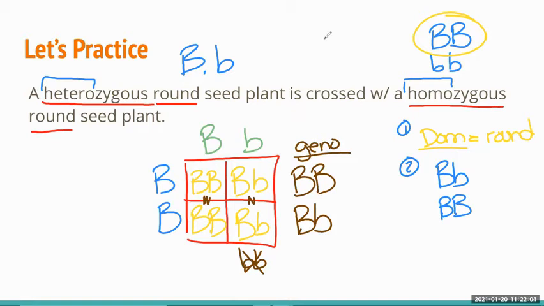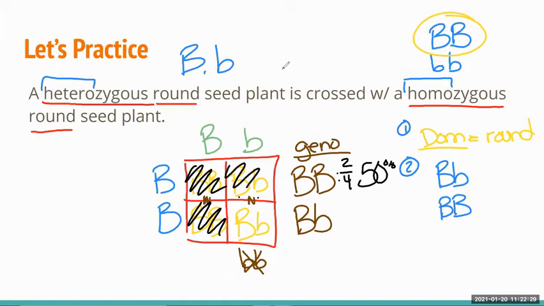Now we're just going to do percentages, because that's what I've been focusing on. For the genotype homozygous dominant, we have 2 of the 4 individuals, so 2 out of 4 gives me 50%. For the other genotype, heterozygous, 2 of the remaining ones are heterozygous.